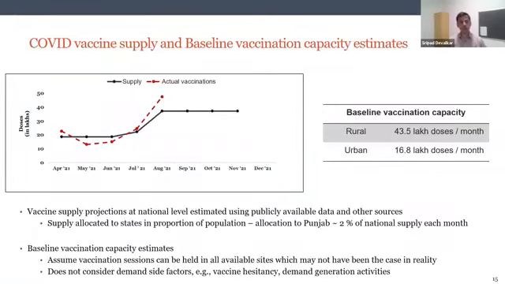And also some of the same resources that are required for vaccination, especially the human resources like the ANMs, could potentially also be involved in demand generation activities, which is to go canvas, especially in rural areas, house to house, door to door, informing and educating people about the benefits of getting themselves vaccinated against COVID.